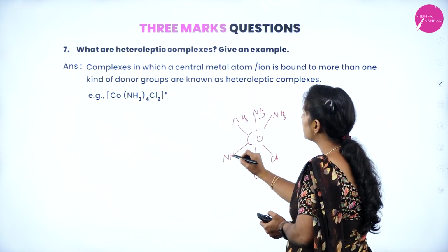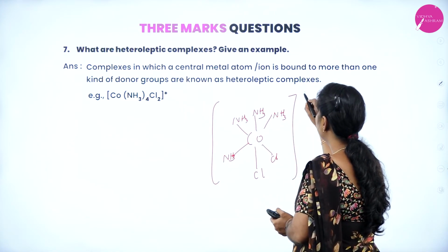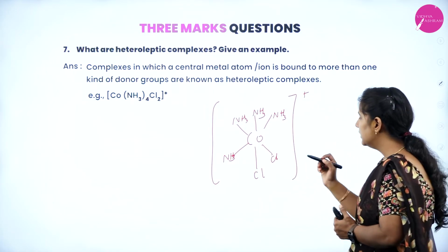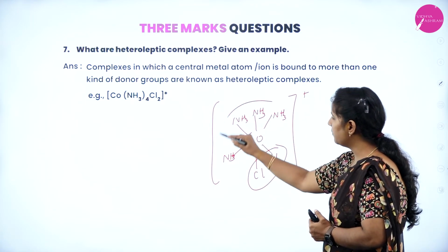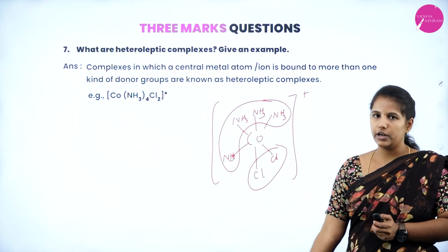Such complexes are called heteroleptic complexes, and the charge of this complex is +1. You can see that there are 2 different types of ligands: one is amino ligand and one is chlorido ligand.